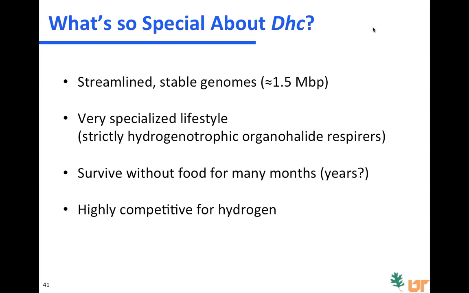So what's so special about D. helicoccoides on the next slide? I'll just point out a few things that make D. helicoccoides very special. In contrast to many other microbes, it has a very small, streamlined genome. So it's very small. In other words, it can't lose anything. If it loses genes, it can't grow at all.